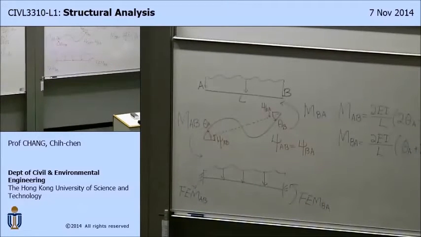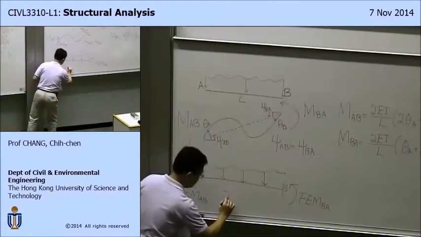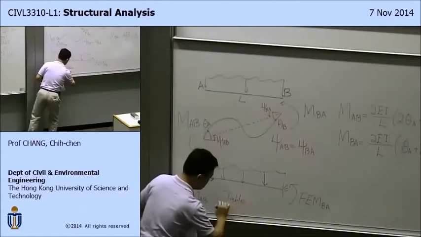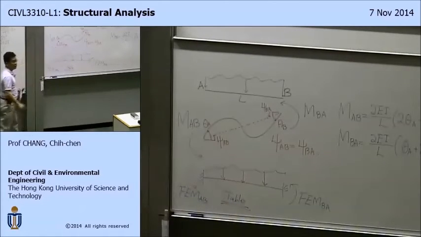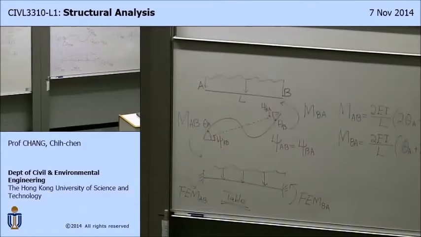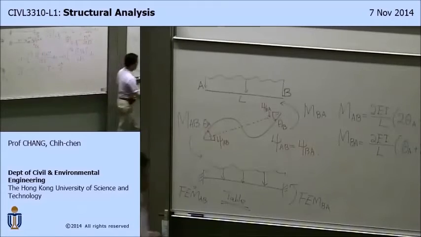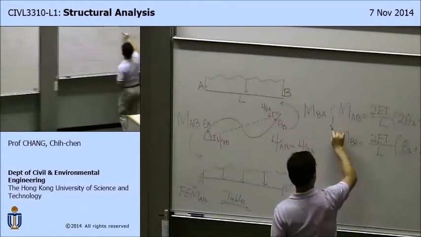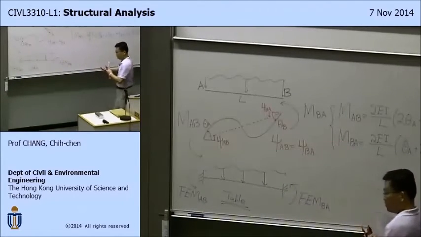So from the table. No need to calculate, just from the table. And I say that basically there's only one equation. You don't need to worry about the two equations.